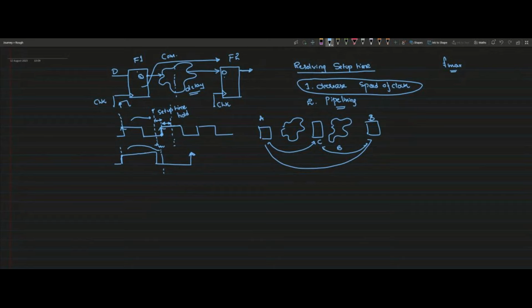If you are not exceeding the F max, then definitely you will not see any timing violation. In the synthesis report, you can see what F max is achieved in the design. Hope I'm clear.